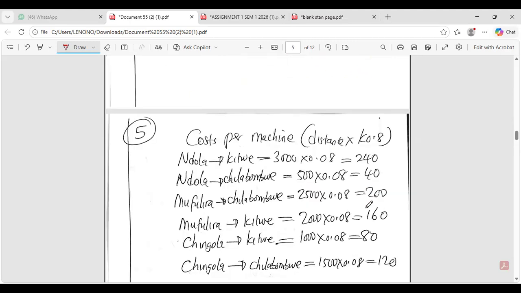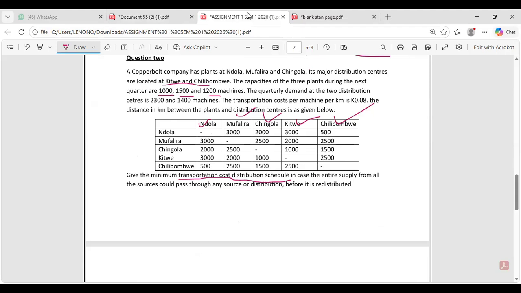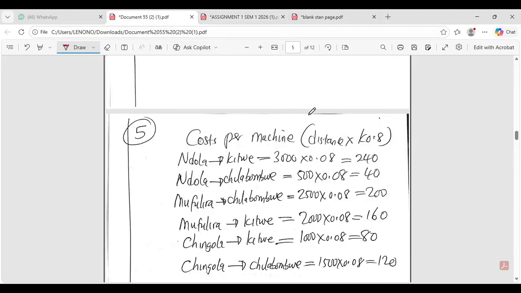So the cost is machine distance times 0.08, right?